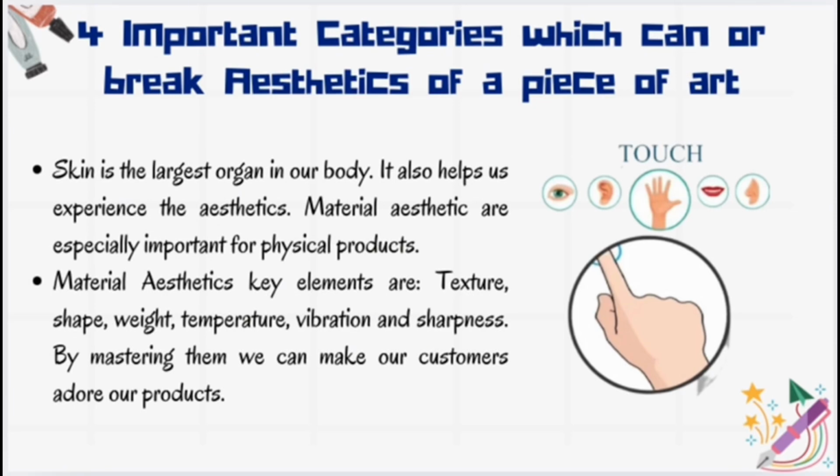Because of this, touch is a big part of how we judge products, especially physical ones like phones, clothes, furniture, packaging, and etc. So material aesthetics is about making a product feel good and appropriate when you touch it. This can influence whether someone likes, trusts, or enjoys using a product.